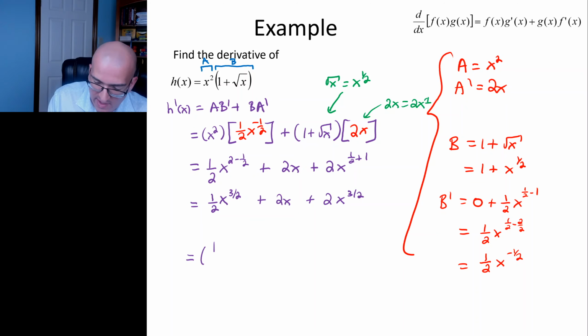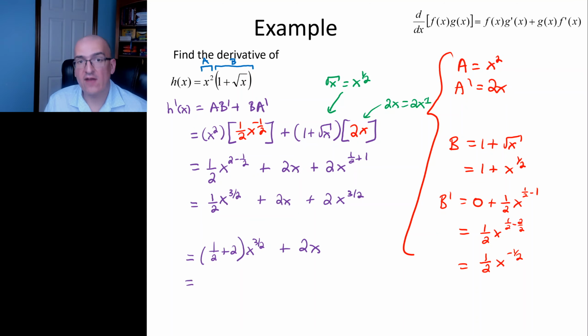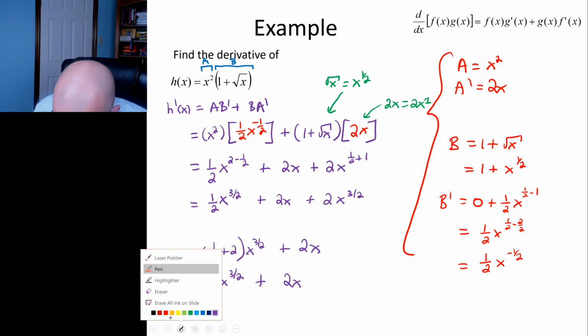Now we have 1/2 plus 2 x to the 3 over 2 plus 2x. We can add that fraction together. 1 over 2 plus 4 over 2 is 5 over 2, x to the power of 3 over 2 plus 2x. So lots of fraction work there.